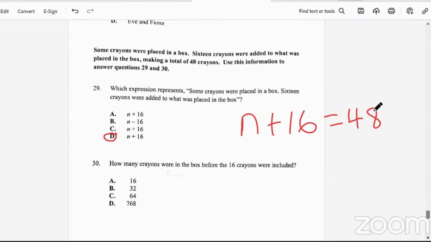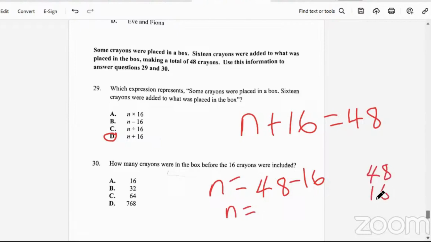I don't want to get too technical with you guys, so we're just going to do 48 minus 16. N is equal to 48 minus 16, which is equal to 32.